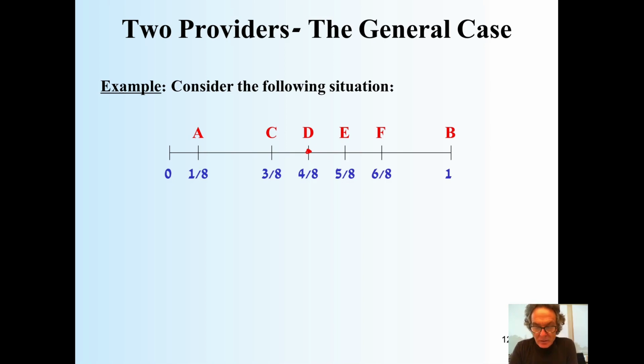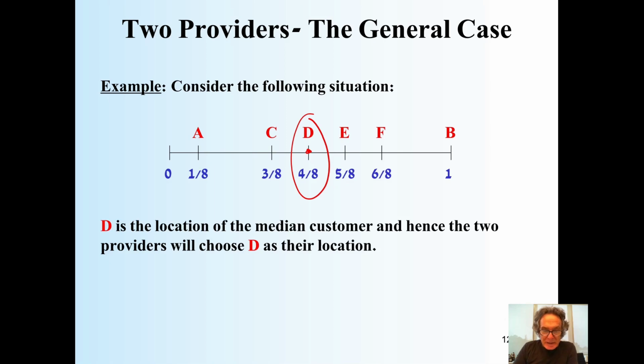At D. Because they sit on half, they are the closest to half, therefore this is the only equilibrium, both of them will be at 1/2. D is the location of the median customer, and hence the two providers will choose D as their location. Great.